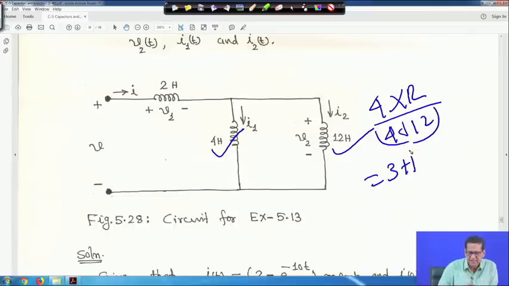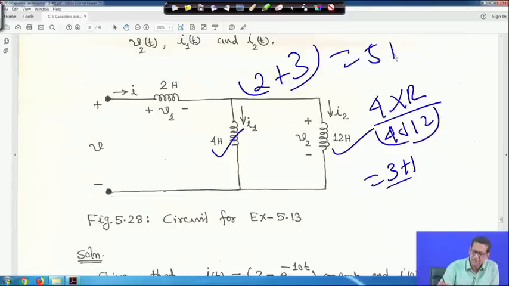Then 2 Henry is in series. Whatever series-parallel combination you have done for resistors is the same for inductors. So 2 plus 3, the equivalent inductance will be 5 Henry.